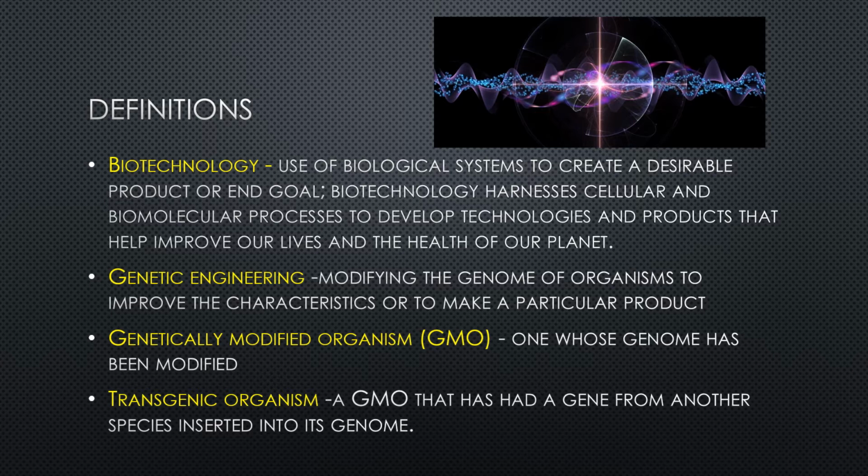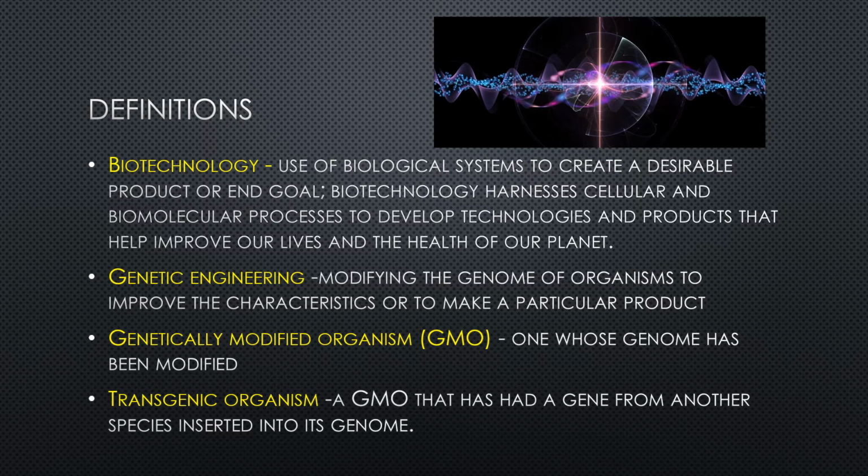Okay, and then there's transgenic organisms. That is a particular type of GMO that has a gene from another species inserted into its genome. Again, this can be manipulated by people in order to make new types of food in particular. There are also all kinds of other things like our gene therapies.